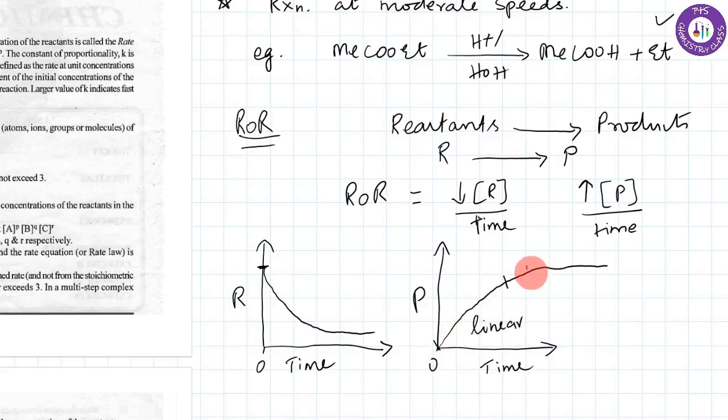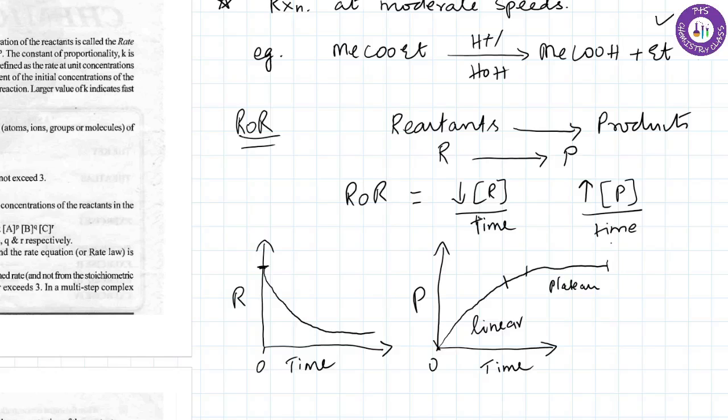After some time it becomes almost a plateau because all the reactants have been converted to product and very little reactant is available for conversion. Therefore the increase will be very negligible, almost a plateau.